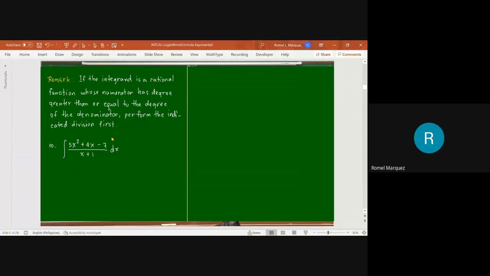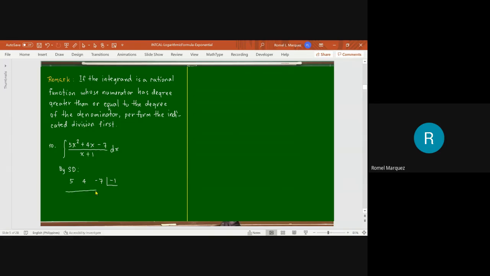O, di-divide daw muna, ha? O, ano ang degree ng numerator? 2. Degree of the denominator, 1. You have to perform long division first, no? O, synthetic na lang. By synthetic division, 5, 4, -7. What is our multiplier here? -1. Diba? Opposite sa sign nito.